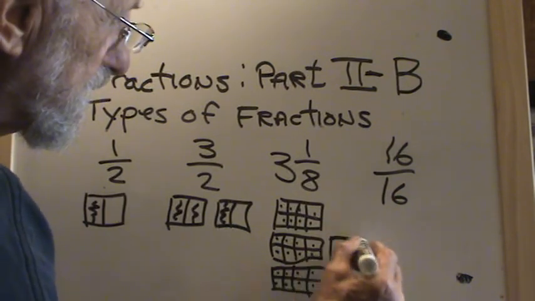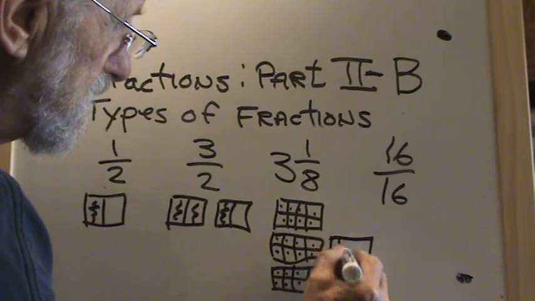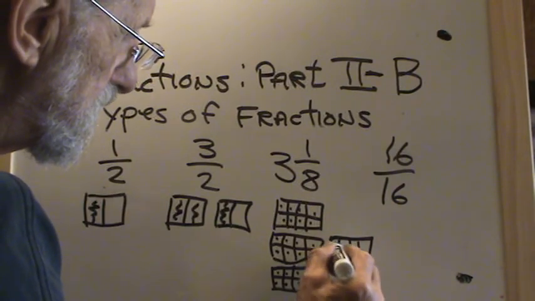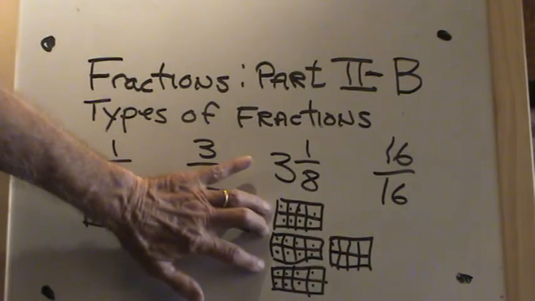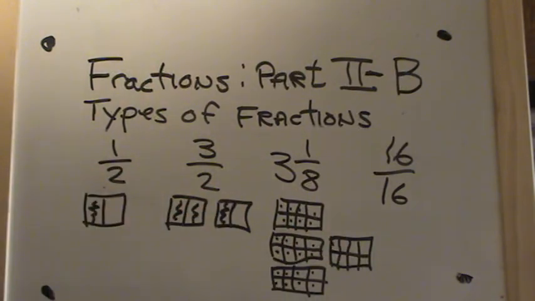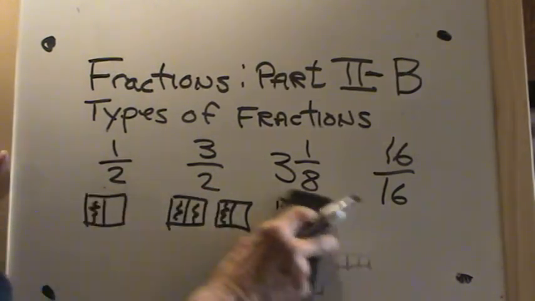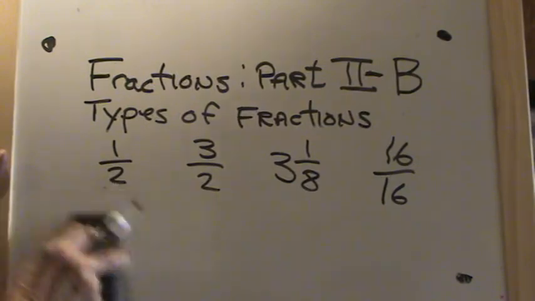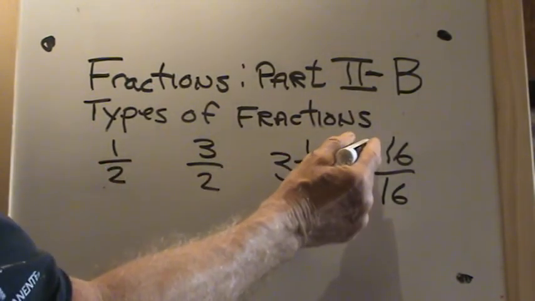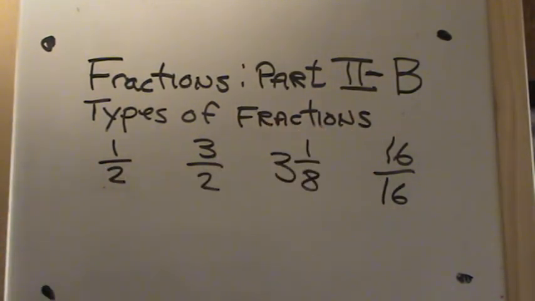And then we need another 8. So that's 3 wholes and then 1/8. And then of course we know that anytime we have a fraction where the numerator and denominator are the same, that is the same as the number 1.